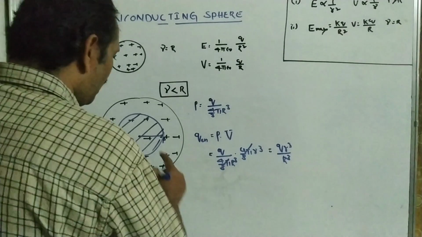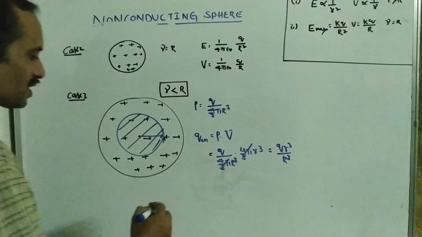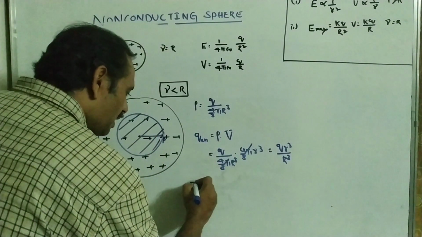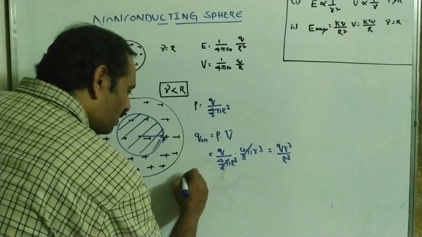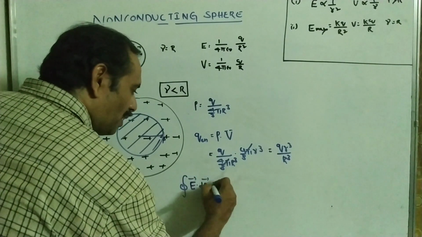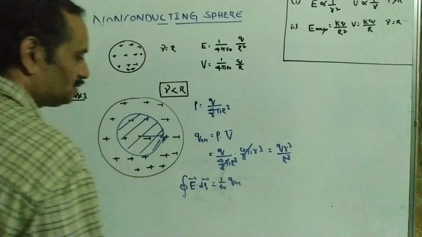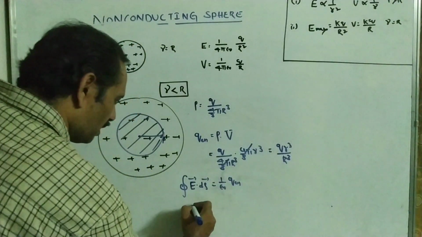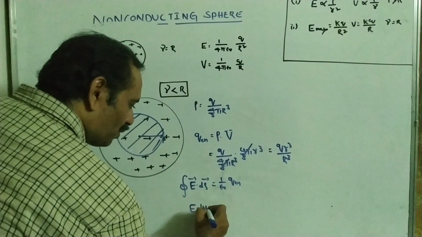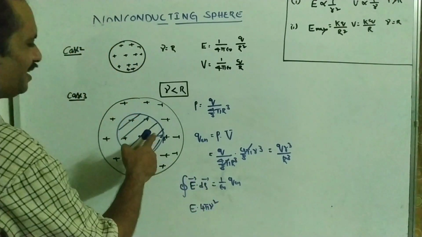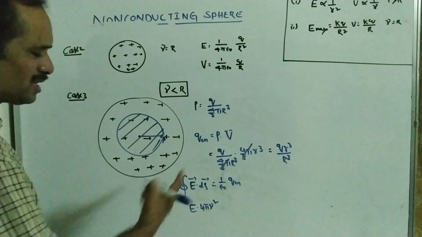Then apply the Gauss formula: integral E bar dot ds bar equals 1 by epsilon 0 times charge enclosed. E into ds, 4 pi r square, that you can understand. ds and E are parallel, cos 0 is 1.